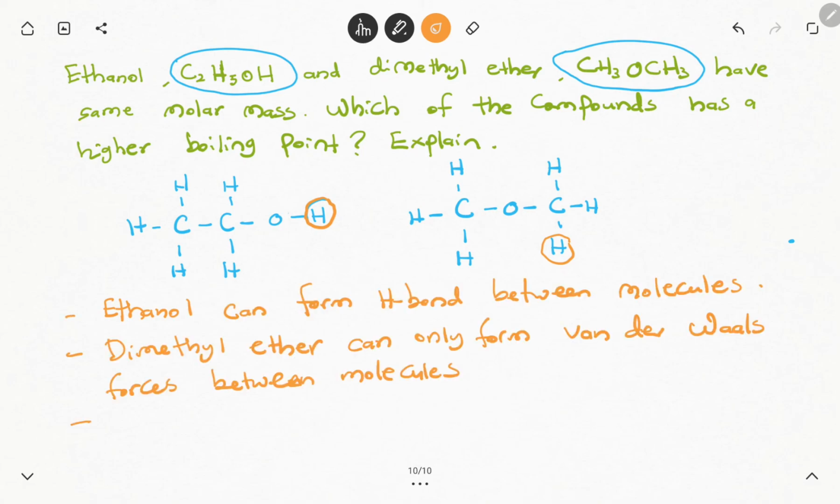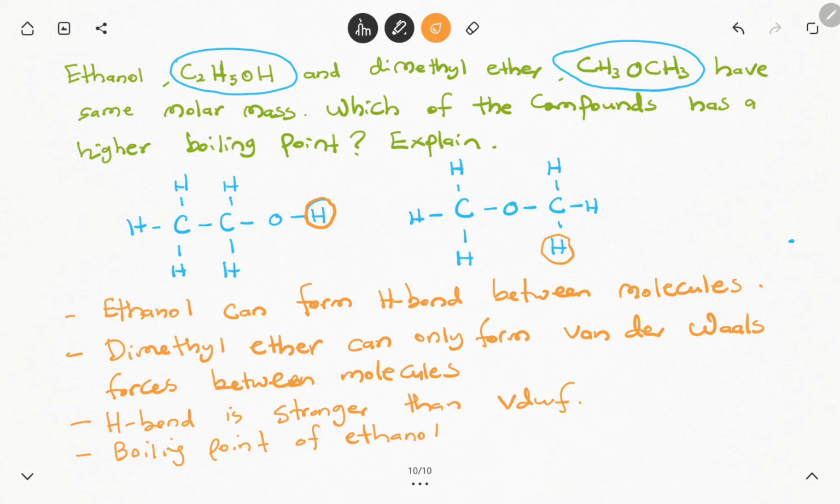So ethanol can form hydrogen bond between its molecules, while dimethyl ether can only form van der Waals forces between its molecules, since hydrogen bond is stronger than van der Waals forces. Therefore, the boiling point of ethanol is higher than dimethyl ether.